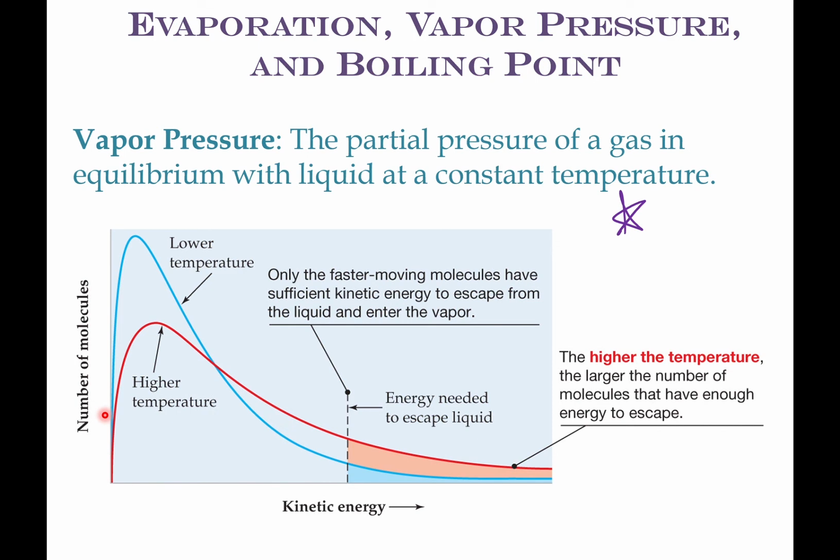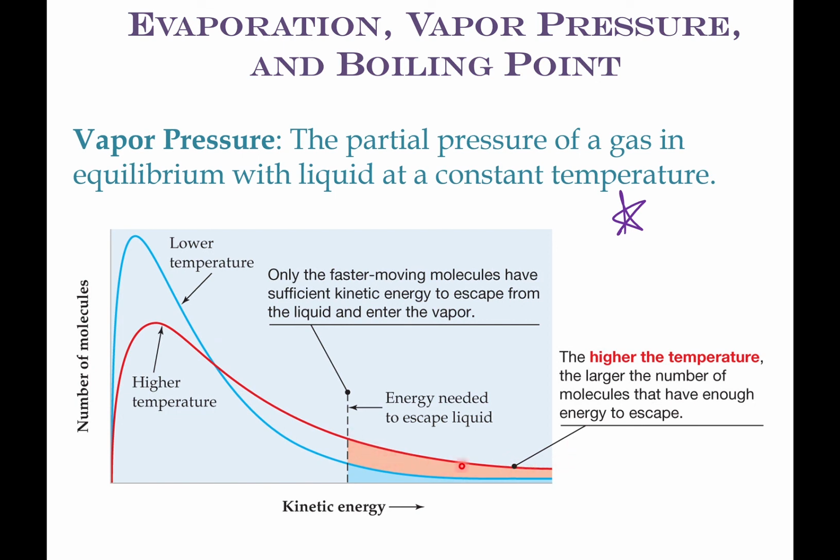All right, so here we have a higher temperature on this red curve, and here we have a lower temperature on this blue curve. Both of these curves are telling me how many molecules have enough energy needed to escape the liquid. So if we start at a higher temperature, more molecules are going to have enough energy to escape.